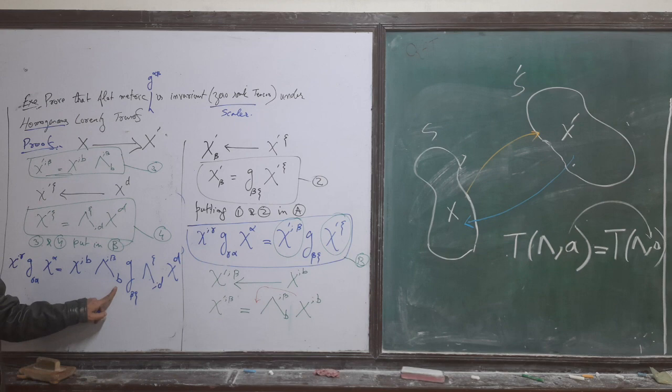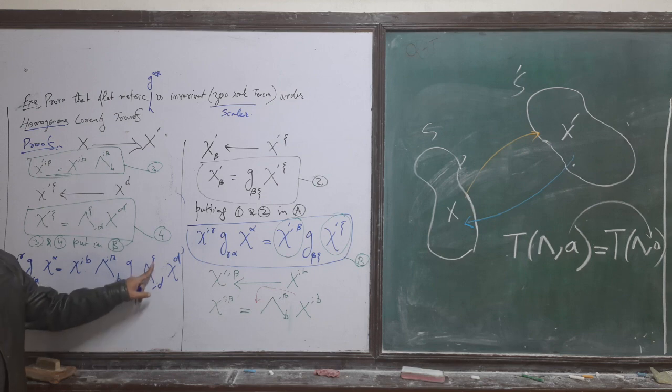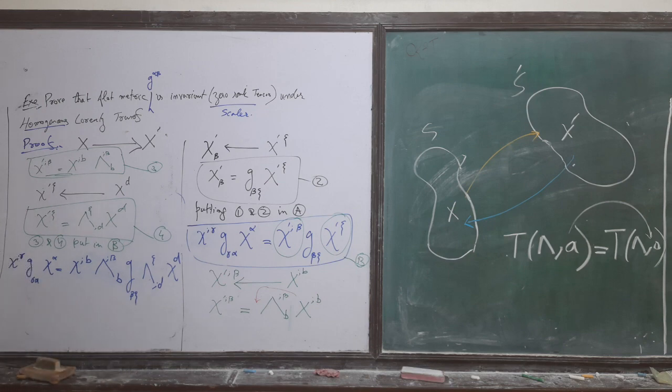B is contracting with B, column is contracting with column, beta with beta. The right side is rank 0, the left side is 0.